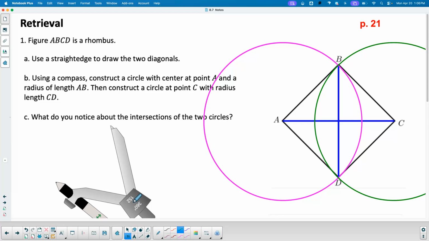Now, logically, does that make sense? Would this work? Same thing on a rectangle. Would this work on a parallelogram?